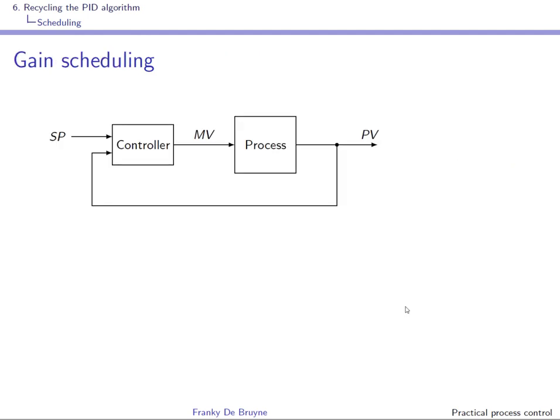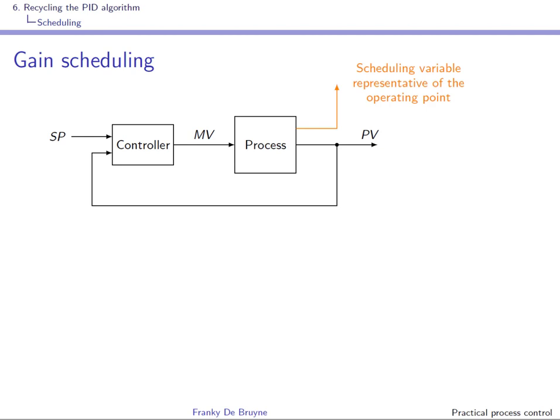In summary, gain scheduling is applied for systems where you have nonlinearities and you see that the process dynamics is different around different operating points. So the first thing that you have to do is find a scheduling variable that is representative of the operating point. In our example, it was the product flow.